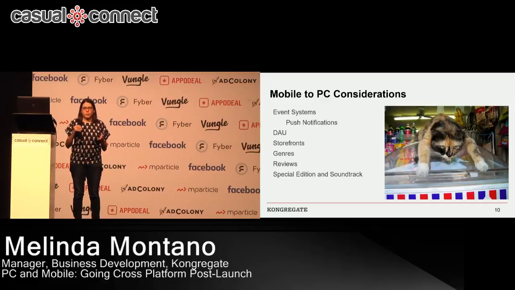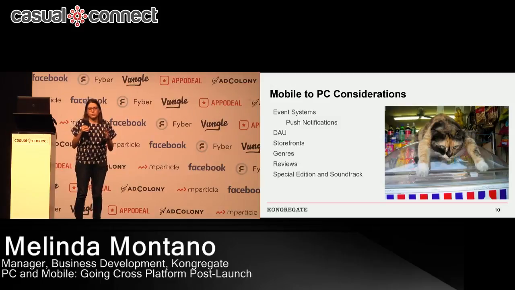Other things, you want to remember that your DAU is going to be lower on Steam. Even the most popular, say, mobile idlers will get at most like 1,000 concurrents, but most of the mobile to PC ones that are free to play, I've noticed, have around 200 concurrent, maybe a couple thousand DAU.